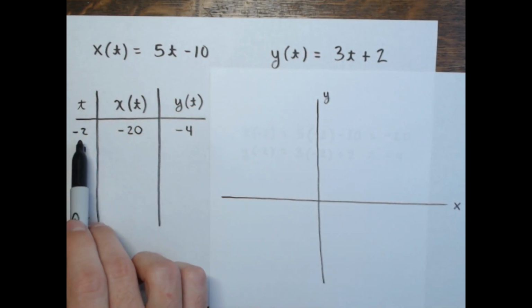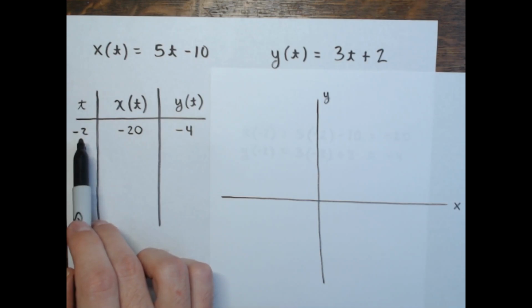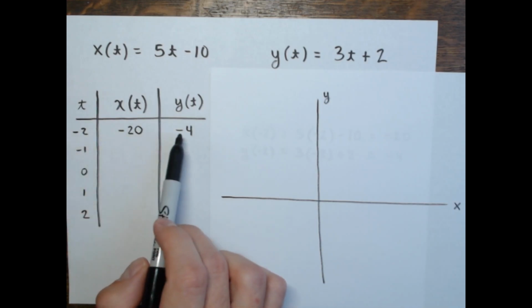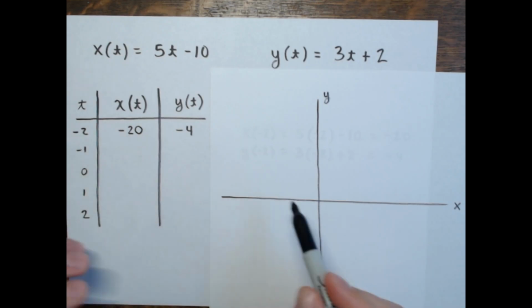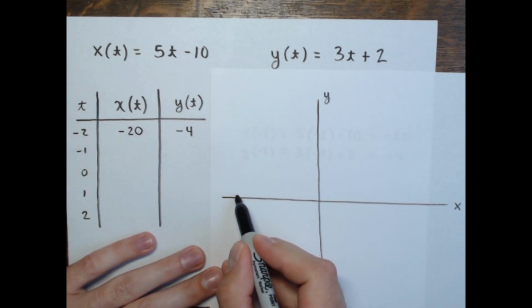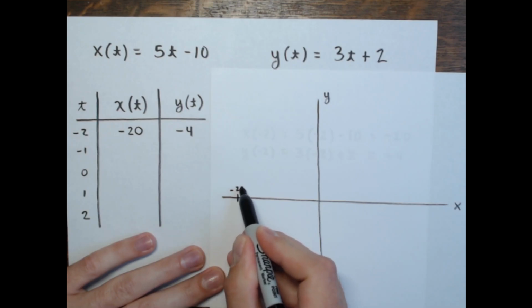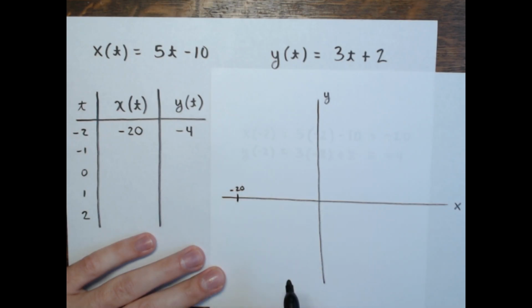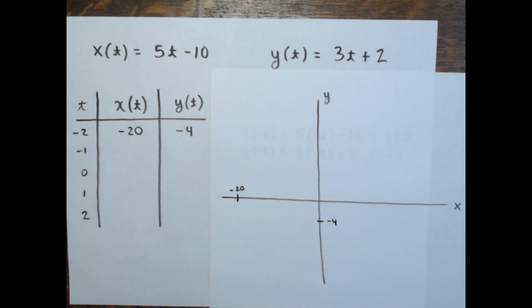And then when the value of the parameter, this parameter called t, is -2, we're at this location. Now this won't be perfect, I'll go to a calculator later. x will be -20 when t is -2, and y will be -4. So we're at this location.